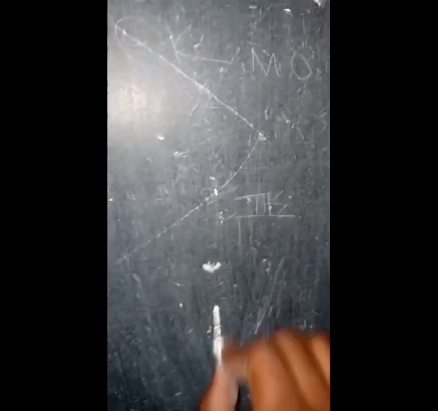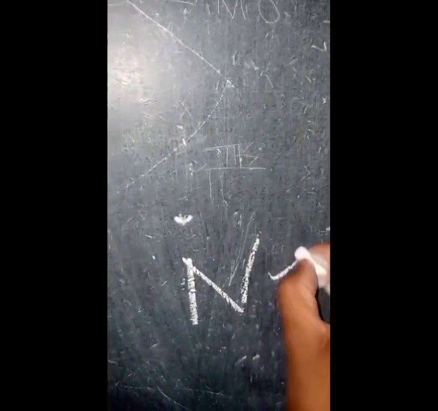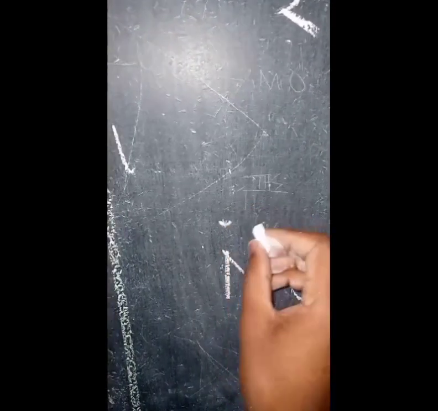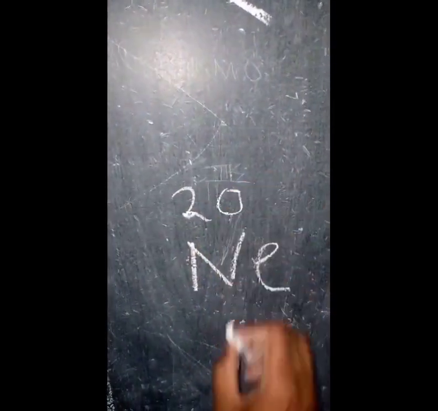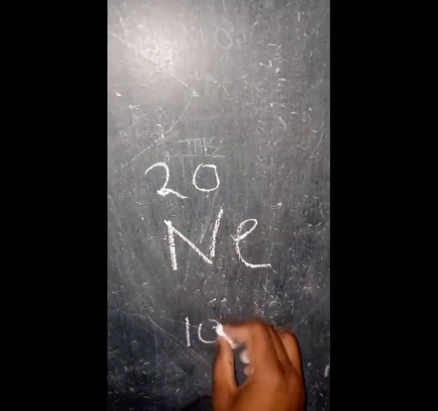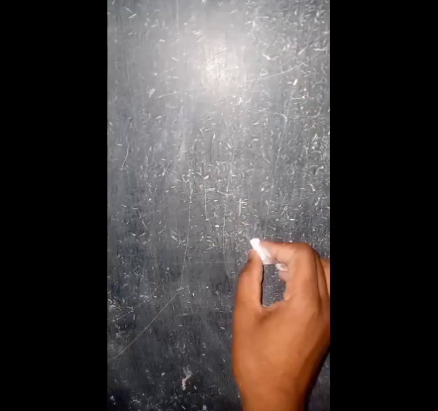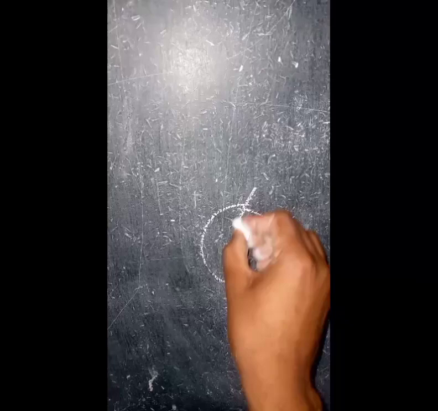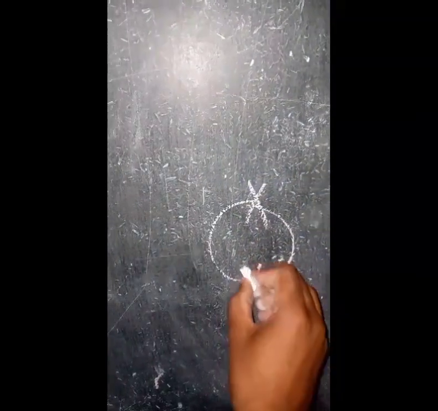The second element that we are going to use is neon. I just write it down here. Neon has a mass number of 20 and has the atomic number of 10. So let's draw again. When we draw, we are going to have the first shell having how many? 2 electrons.